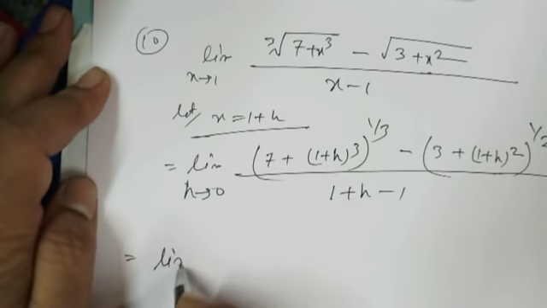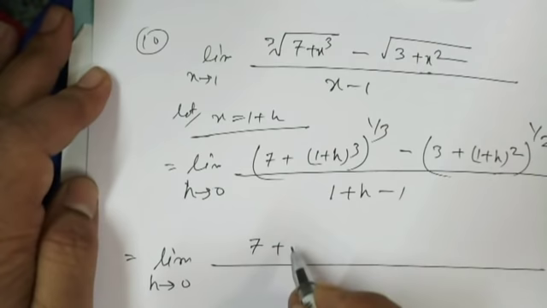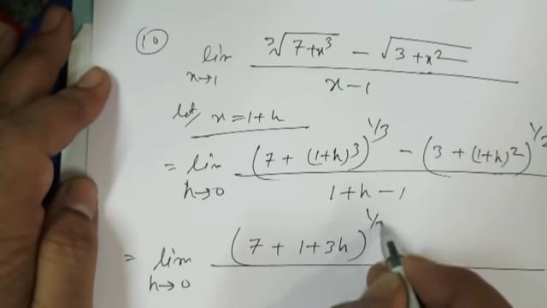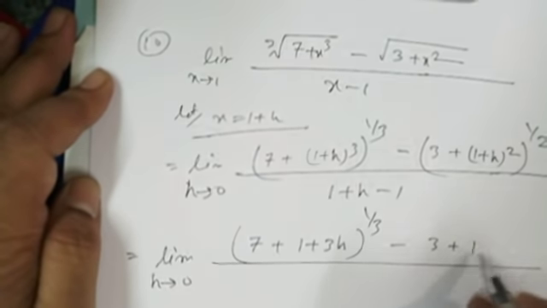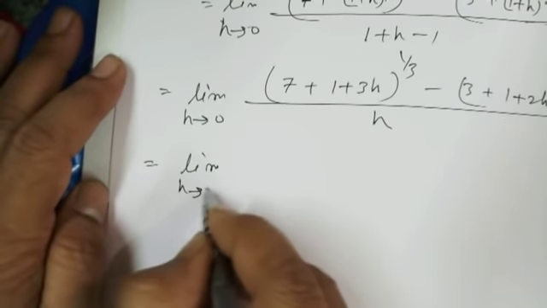This will be the limit h tends to 0. According to the BT, this is (7 plus 1 plus 3h) whole to the power 1/3, minus (3 plus 1 plus 2h) whole to the power half, upon h.